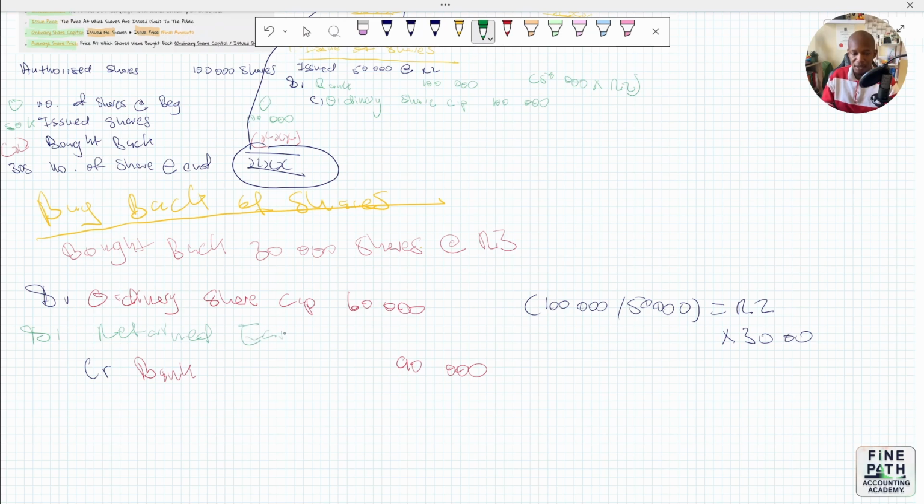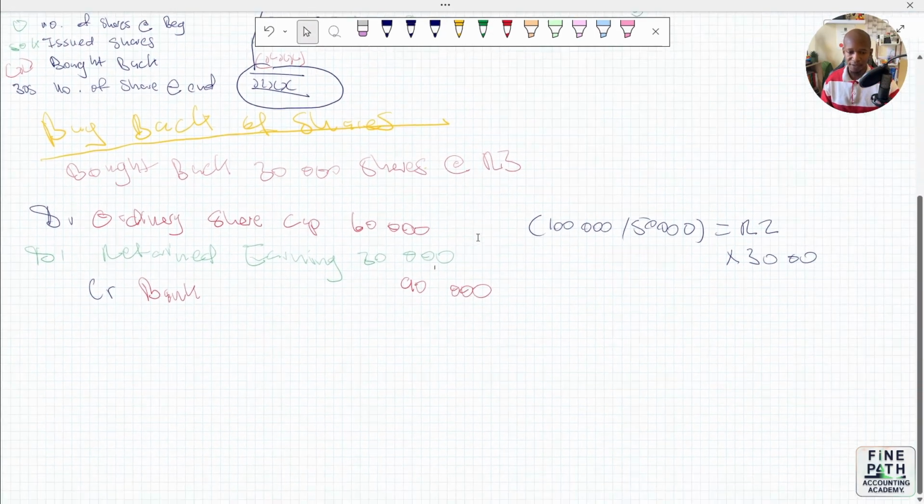The reason we are debiting retained earnings is that the shortfall in funding the 60,000 by the 90,000, we got 30,000 from our retained earnings. Retained earnings is an equity account. It decreases on the debit side. Hence we are debiting it here, because we are saying that the excess of 30,000 over the 60,000 was funded from retained earnings, which is our profits that have been retained.